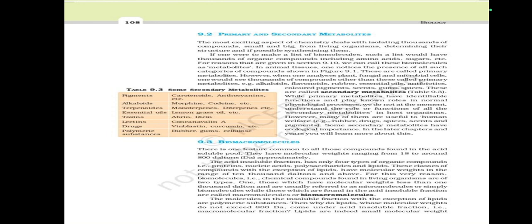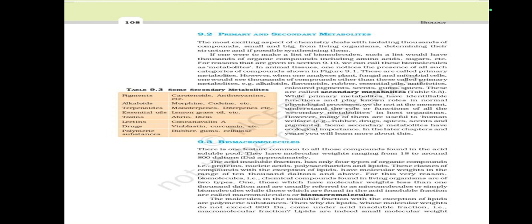If one were to make a list of biomolecules, such a list would have thousands of organic compounds, including amino acids, sugars, etc., for reasons that are given in section 9.10.